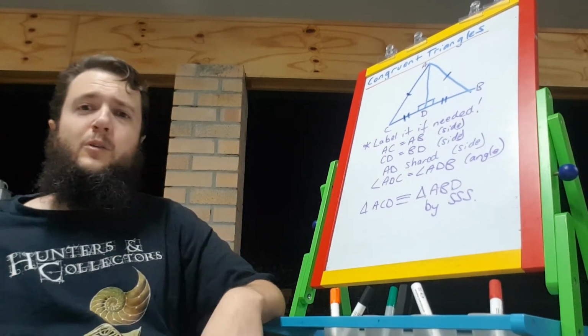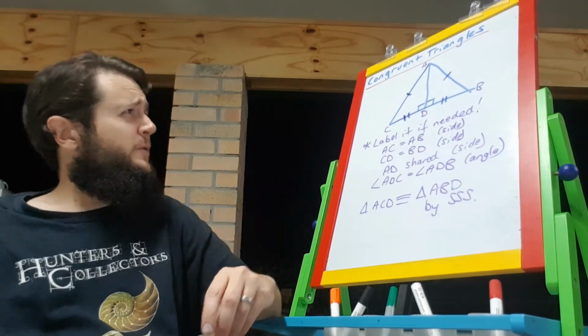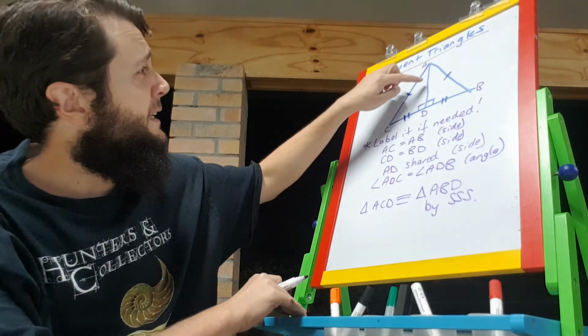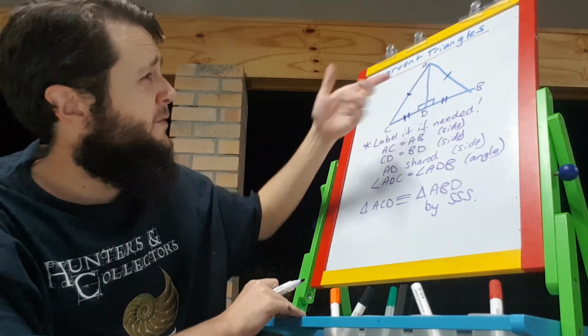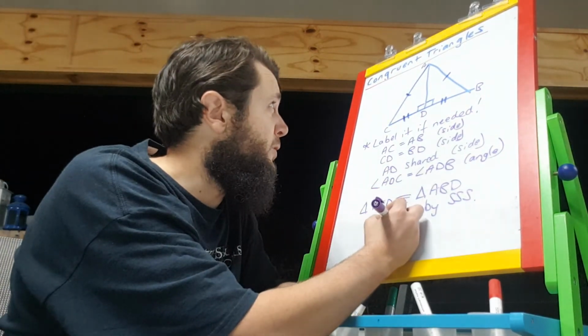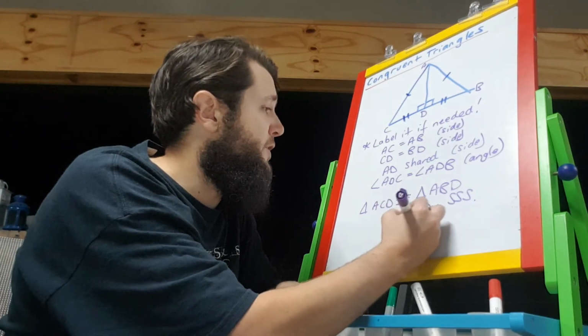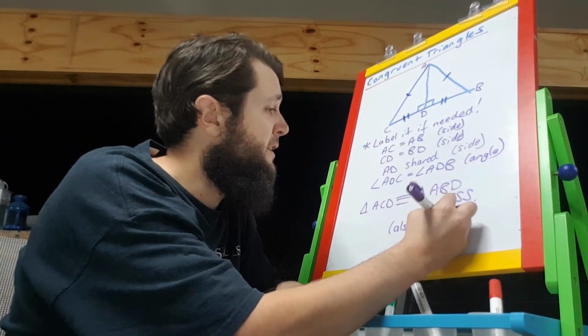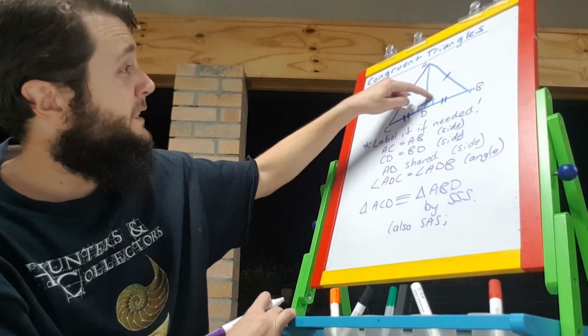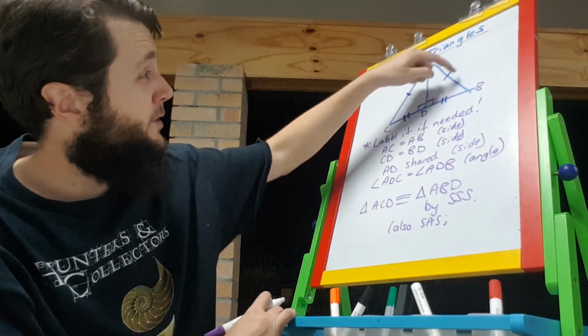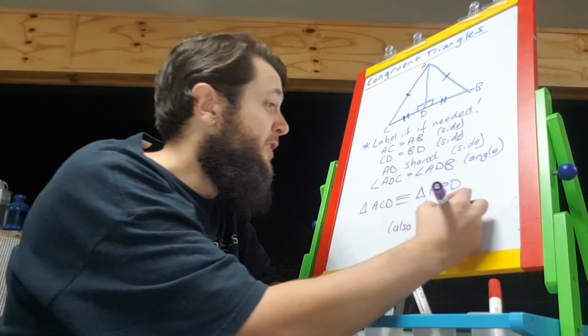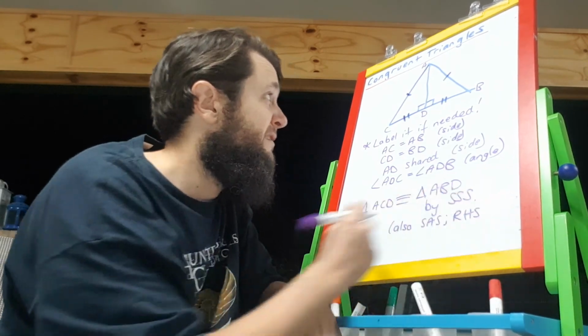And you know what? I could also use other rules. Because they had the side angle side where the angle's between the two, you could have also used SAS to argue it. You've got the right angle, you've got the hypotenuse and another side in common as well. You could have also used RHS.